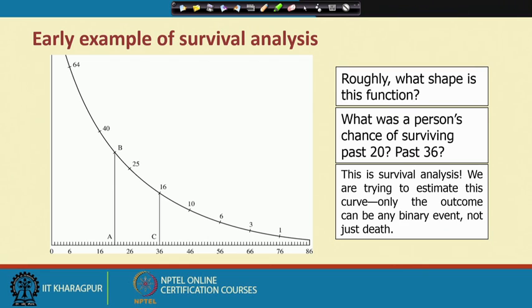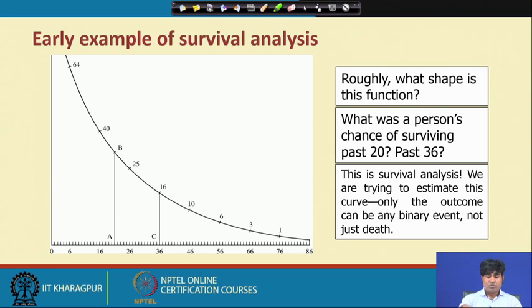In survival analysis we are trying to estimate this curve; the outcome can be any binary event, not just death. That is the beginning of survival analysis. It is a yes or no: whether death occurs or does not occur.